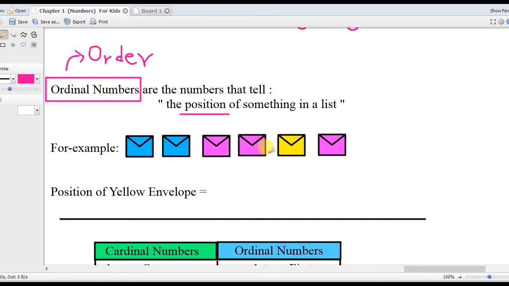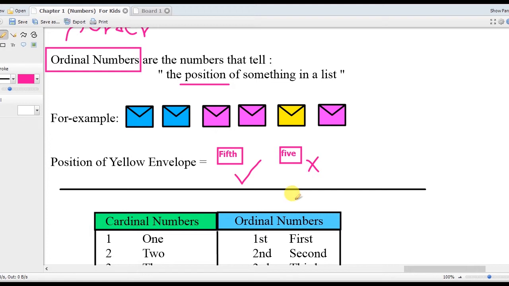So we pronounce it as fifth, rather than 5. The position of the yellow envelope is fifth, it is not 5. So this is how we represent the ordinal numbers. Hope you got the concept.